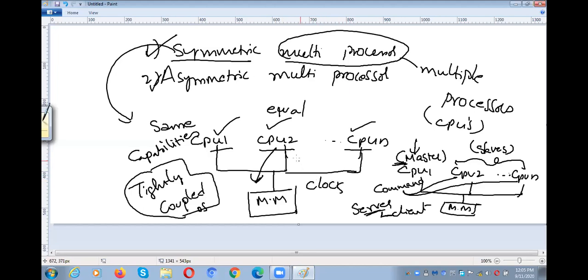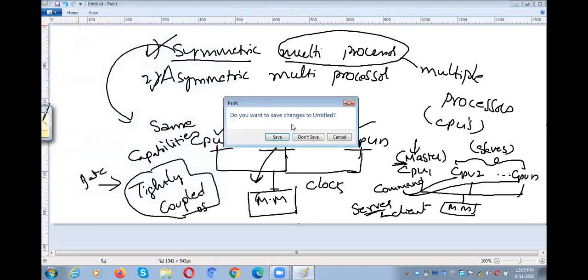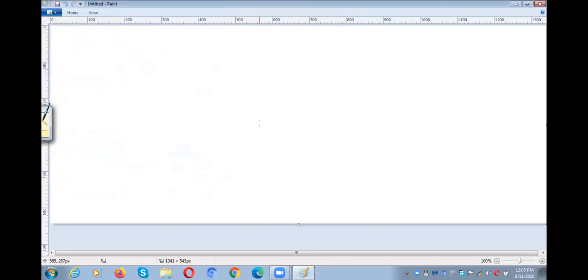That means for every processor, the clock is the same and the memory is the same. That is the reason they are tightly coupled. It is a very good question for your GATE as well as any entrance examinations. Even in interviews, they might ask what is tightly coupled and what is loosely coupled.